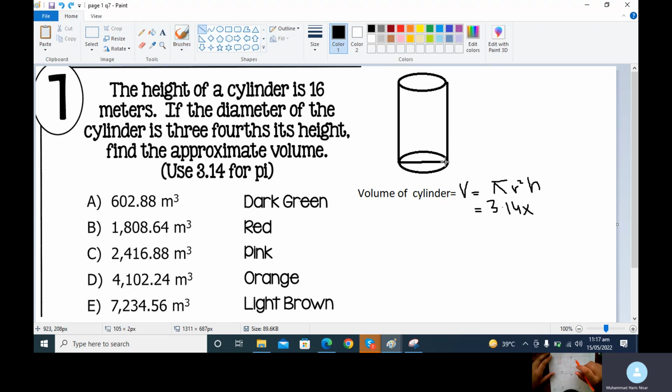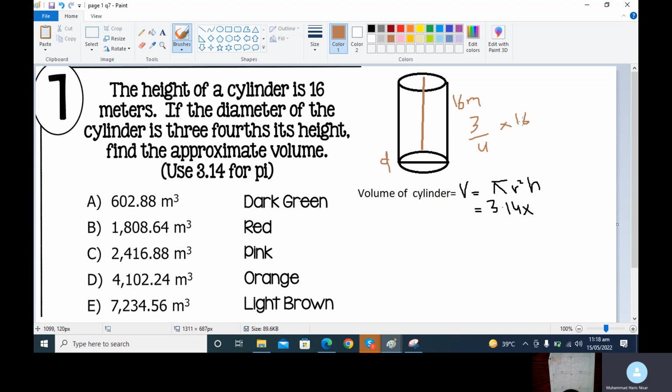Let's suppose, it is not given, you can write it as d for diameter, and the height is given as 16 meters, and the diameter is 3/4 of its height.